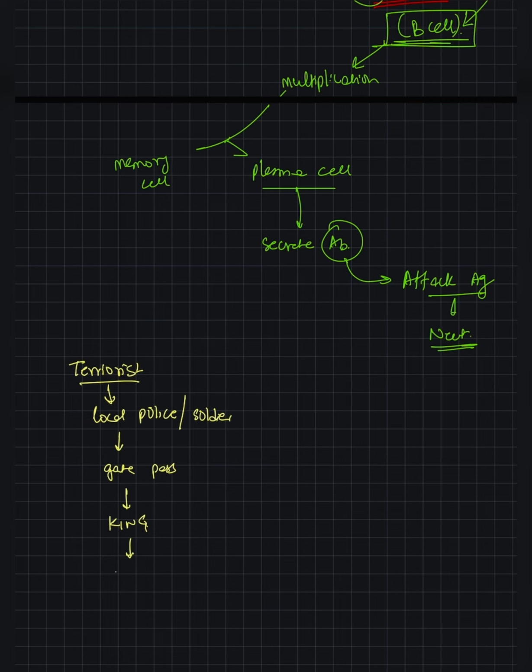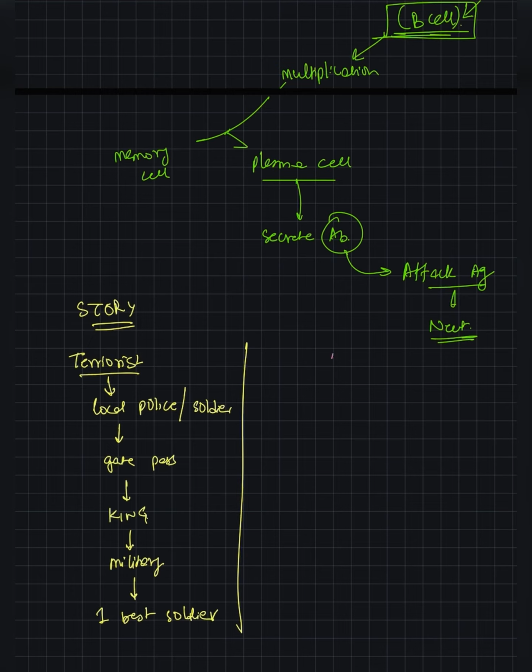Now, the terrorist over here is the antigen. The local police is the MHC2 complex present in macrophages, which couldn't kill the bacteria or the antigen via phagocytosis. Now, MHC2 will release interleukin 1, which is the gate pass.